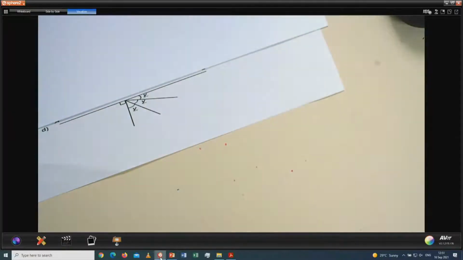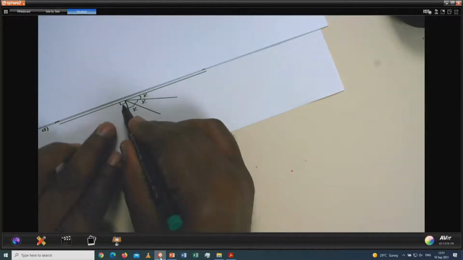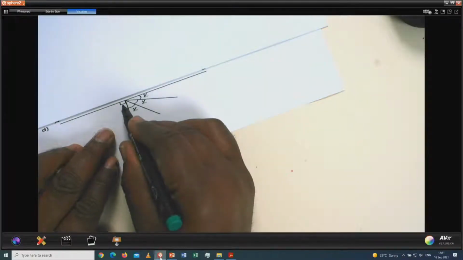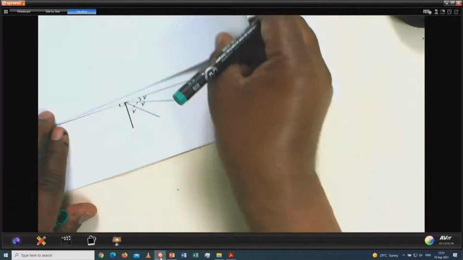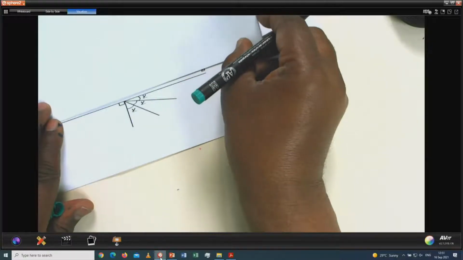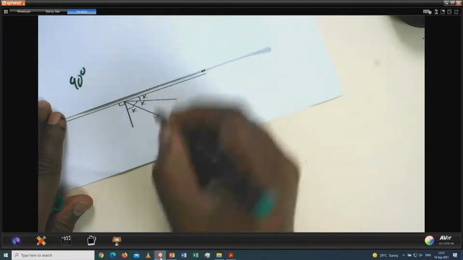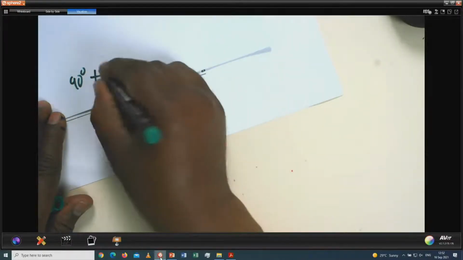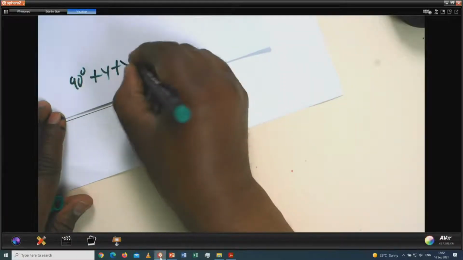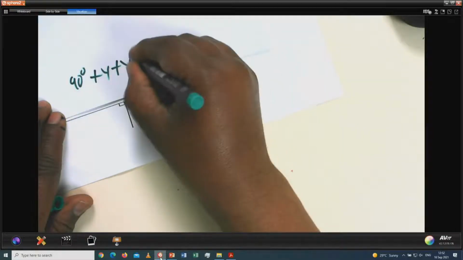Again, when we look at this, let's analyze this figure. There's your straight line. And we know our symbol there represents 90 degrees. Therefore, 90 degrees plus y degrees plus y degrees plus y degrees.